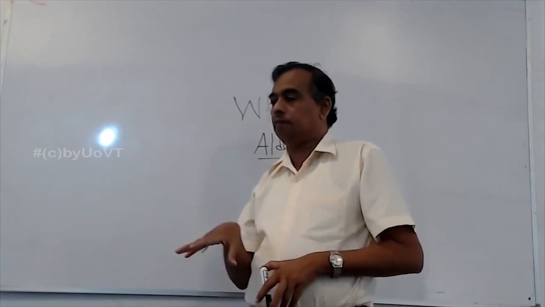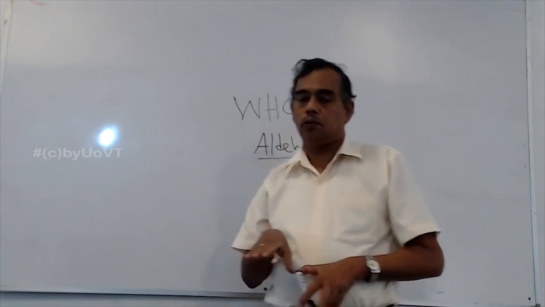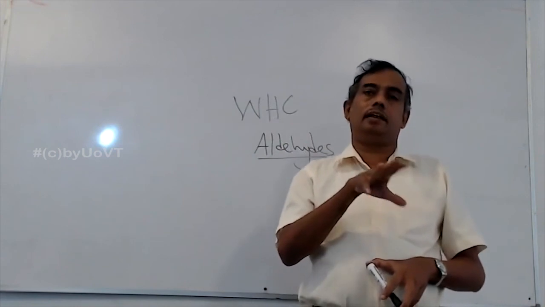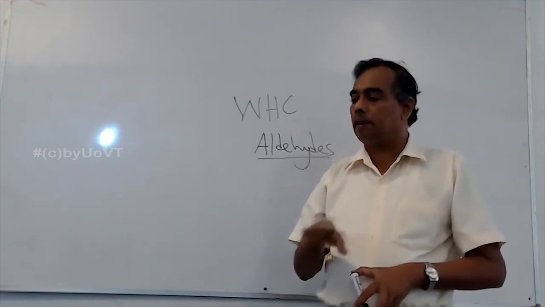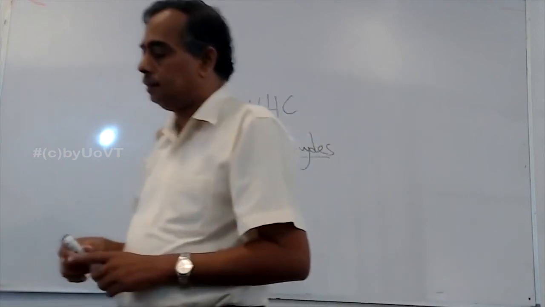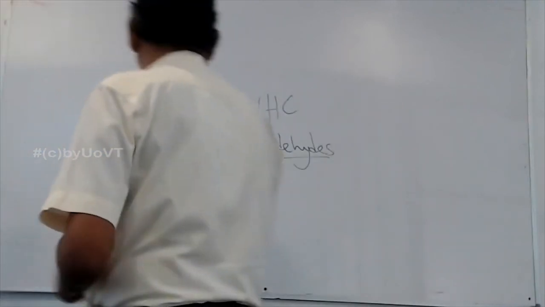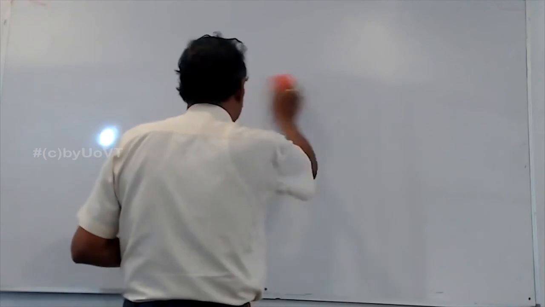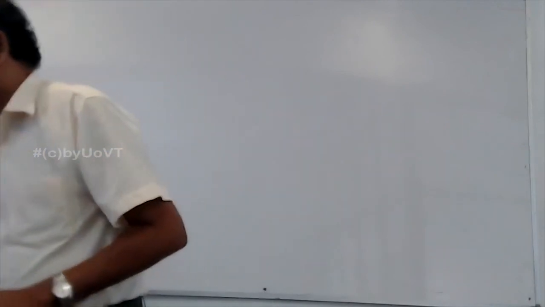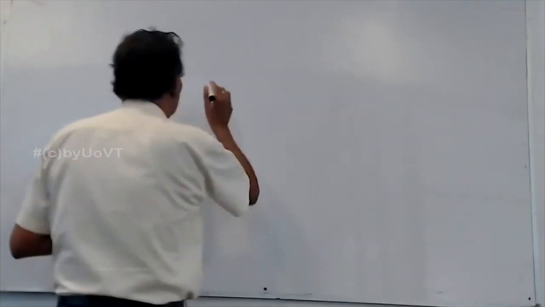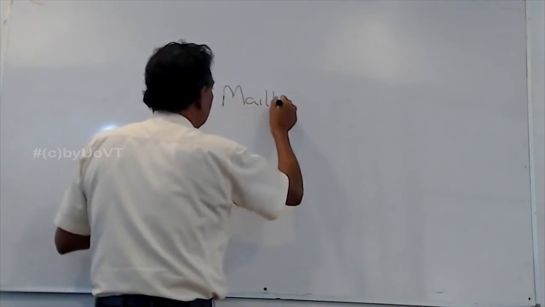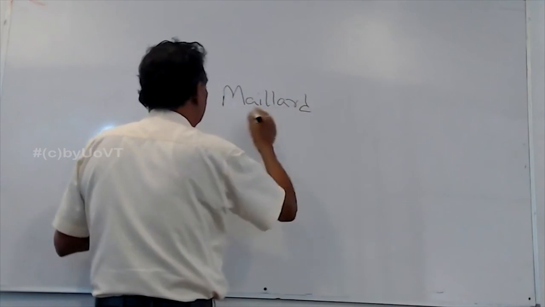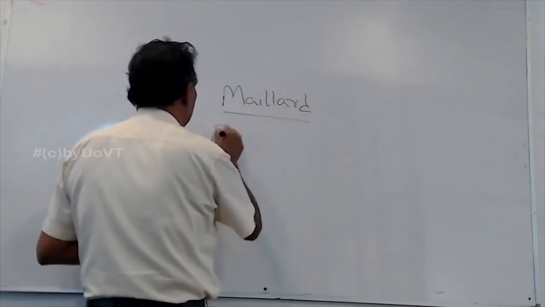But for this level, you should know that when aldehyde interacts with proteins, there is a complex set of reactions. This is the Maillard reaction. This is actually the browning reaction.